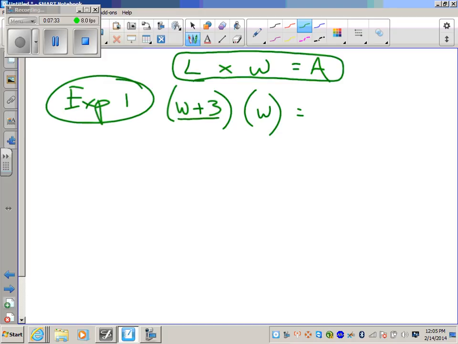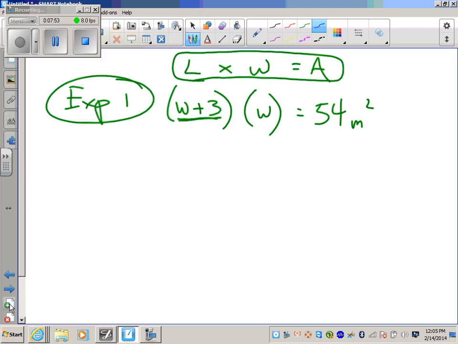So whatever the width is, it's going to be 3 greater to get the length. So we'll use the same variable for now, and it equals 54. So we will find out what the actual length and width are.